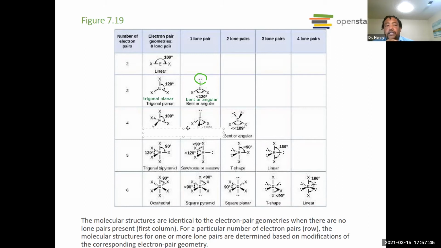If we have 4 things attached, our angle is going to be 109.5, and it's going to be tetrahedral. If we have 4 things attached and one of them happens to be a lone pair, then that's going to be trigonal pyramidal.